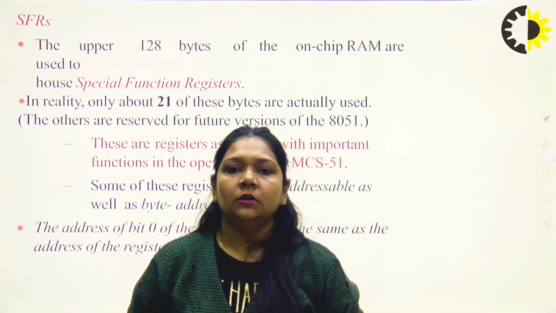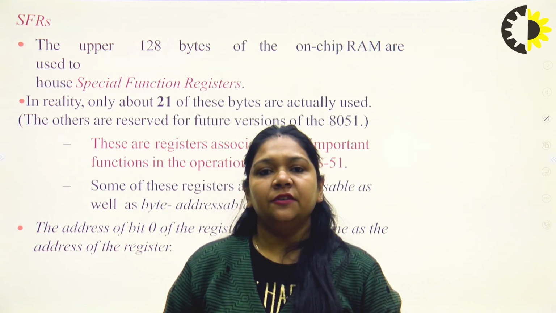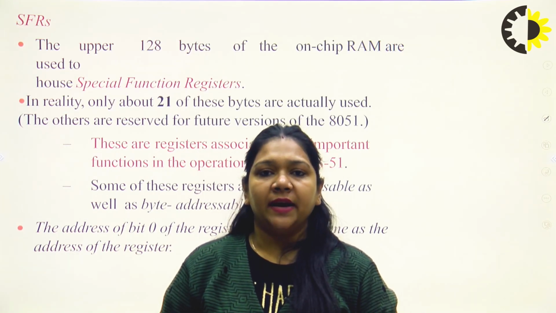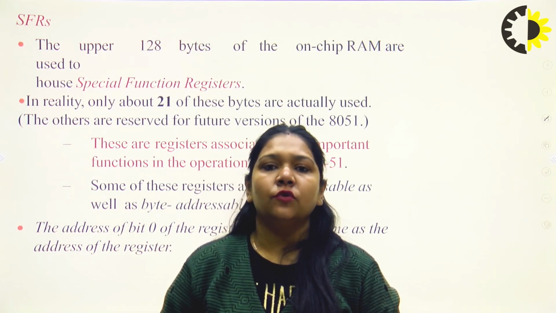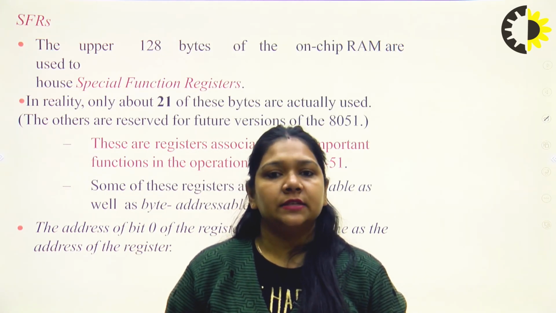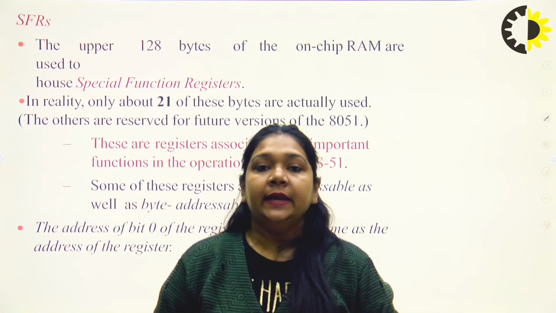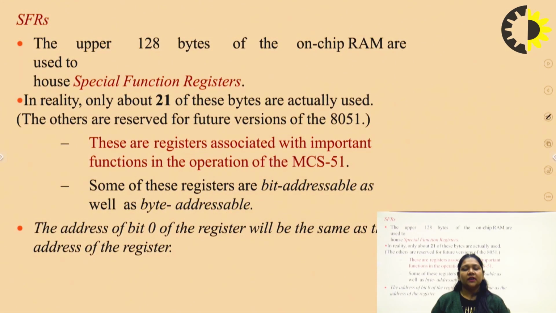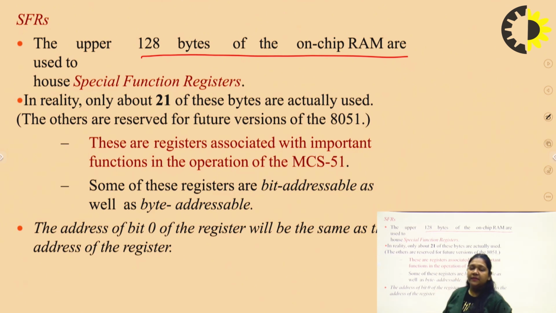As we all know, in microcontroller 8051, we have a RAM of 128 bytes and a ROM of 4K. On-chip ROM I am talking about, not the external ROM which we can associate later. So 128 bytes of on-chip RAM is available by default, and if I want to exceed it, we can have it externally.